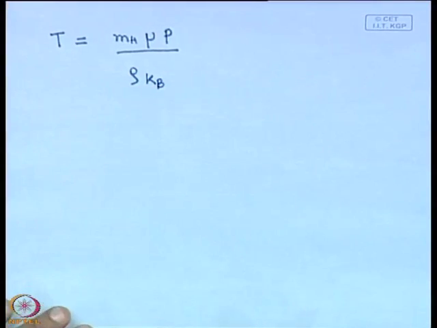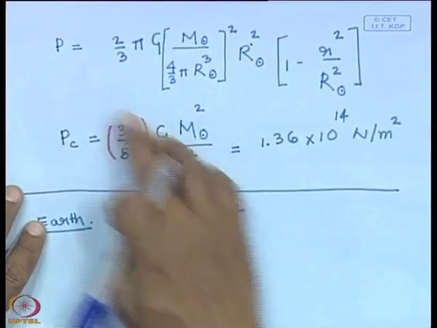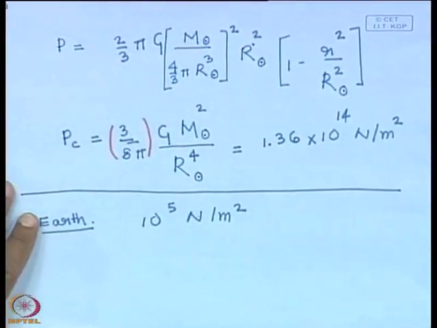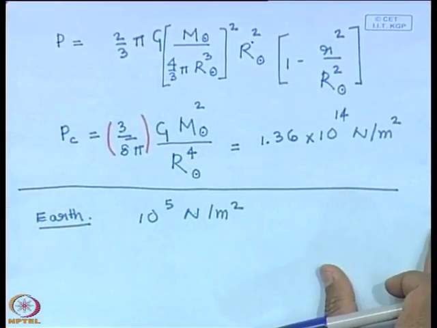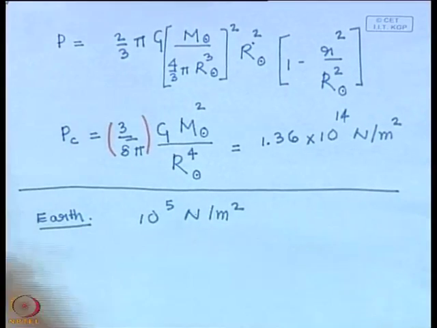Right, this gives the temperature. So, we can now use the pressure that you have calculated to calculate the temperature inside the sun, and we can use this to calculate the temperature at the center of the sun. So, let us take this and estimate the temperature at the center of the sun.